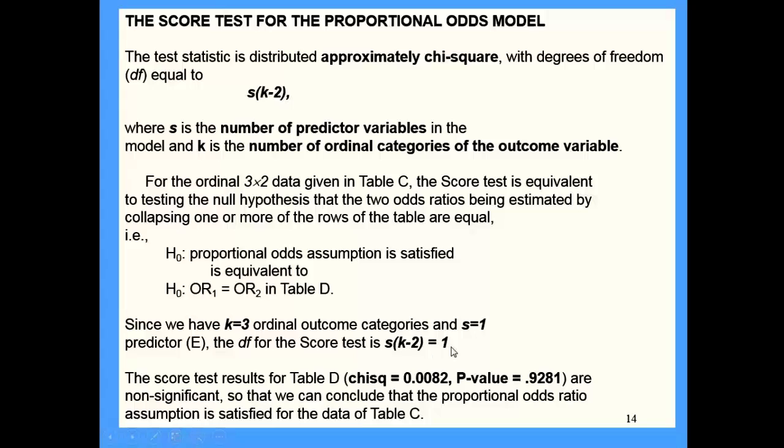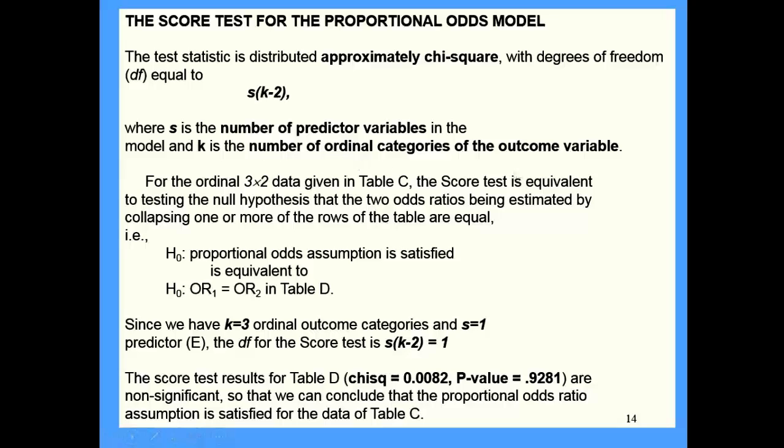It's assumed that with a reasonable, large enough data set, it's approximately chi-square, and the degrees of freedom is given by this expression, S times K minus 2, where S is the number of predictor variables in the model, and K is the number of ordinal categories of the outcome variable.